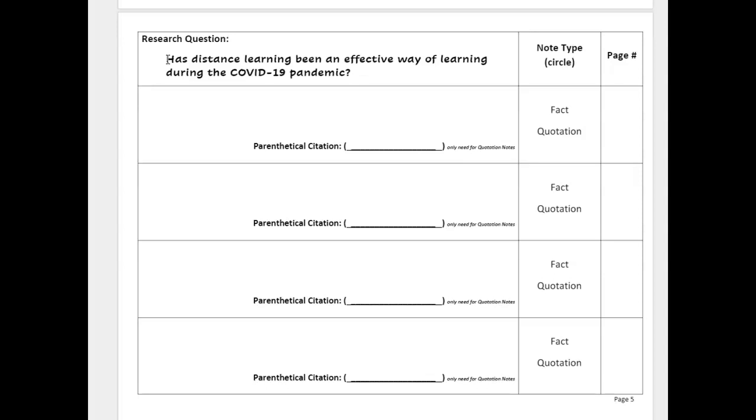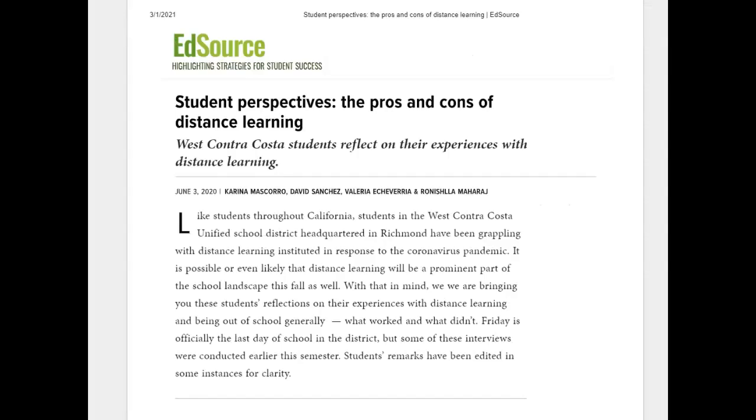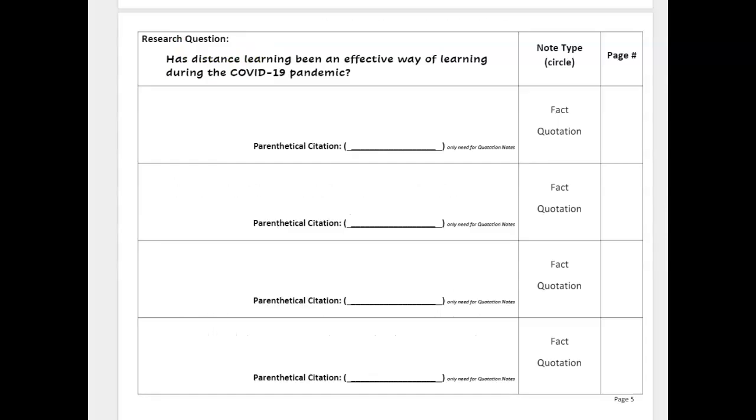So we're going to continue looking for facts and opinions if distance learning has been good or not. So you are going to read source number 2. If you see anything that answers our research question, you're either going to highlight it or underline it, and then we'll work on turning that information into notes.